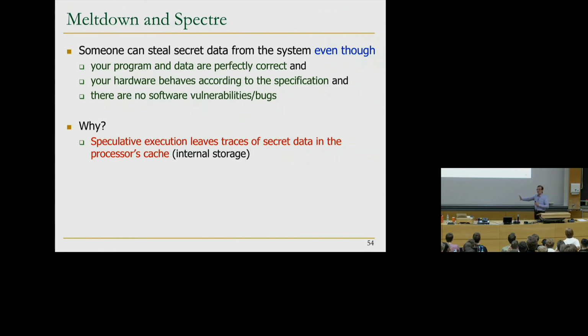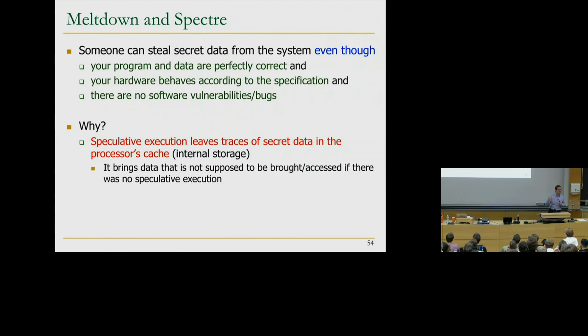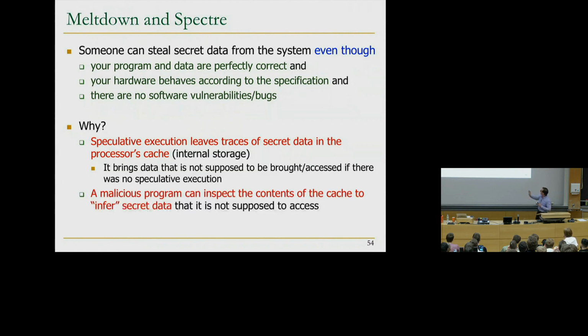So all of these results never become visible to the software or the system, but they may actually leave traces of the secret data that they have fetched in the internal storage. That's not directly visible to the software, but someone malicious can actually access that data. Speculative execution brings in data that's not supposed to be accessed if there was no speculative execution.